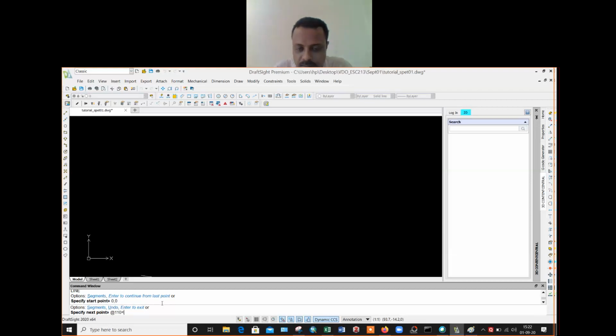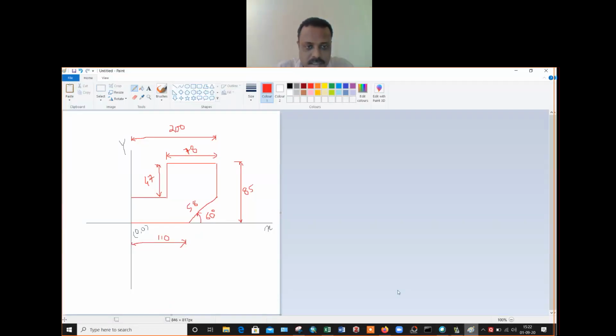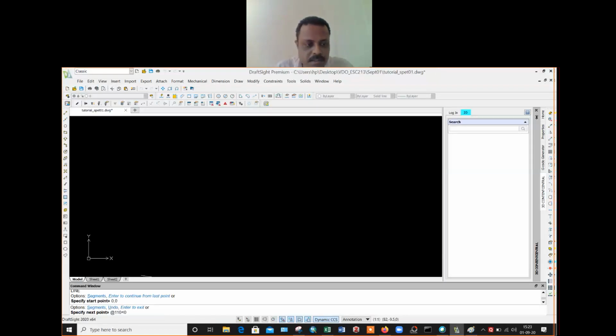Less than 0, because this angle is 0 degree, right? This is 90 degree, this is 180 degree, and this is 270 degree. So if I am going along this line, that means I am following 0 degree. This is the convention. Less than 0 means 0 degree.